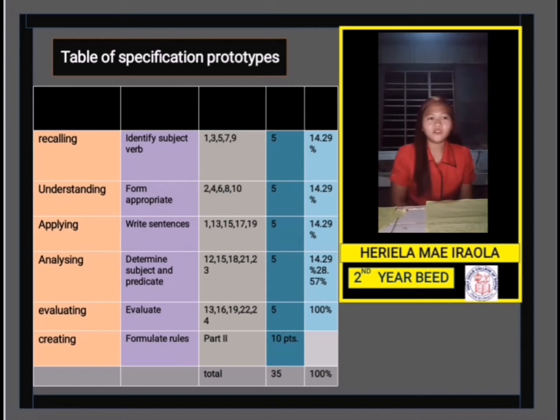Understanding, the objective is to form the appropriate verb. Applying, the objective is to write sentences. Analyzing, the objective is to determine subject and predicate. And evaluating, the objective here is to evaluate. Creating, the objective is to formulate rules.